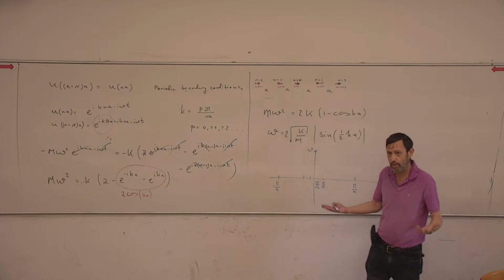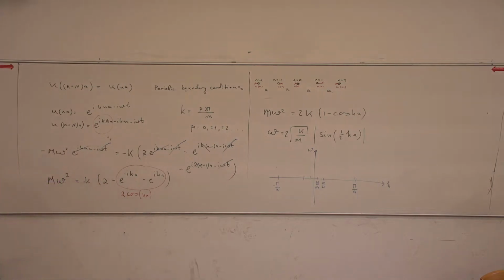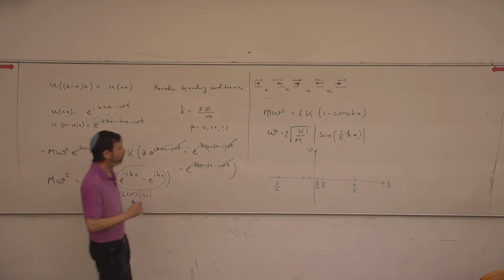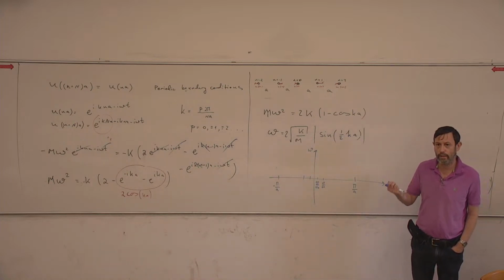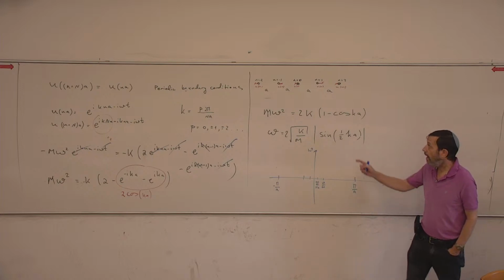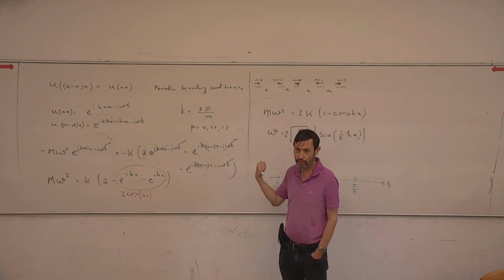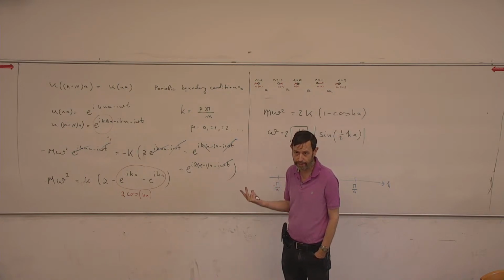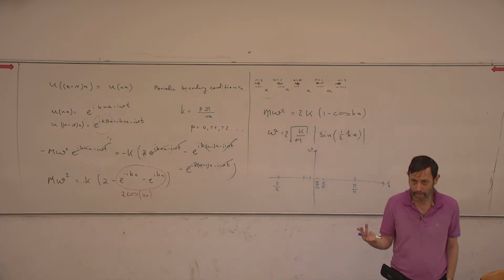You can't have values of k that are smaller than that. Just because, for the sake of argument, let's assume that we have a k equal to 2 pi over a. It will be identical at all points to the value of k of pi over a. No additional information in it.